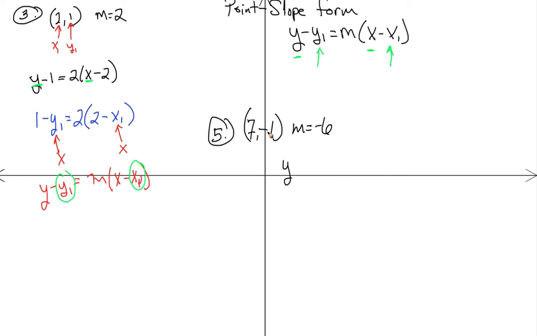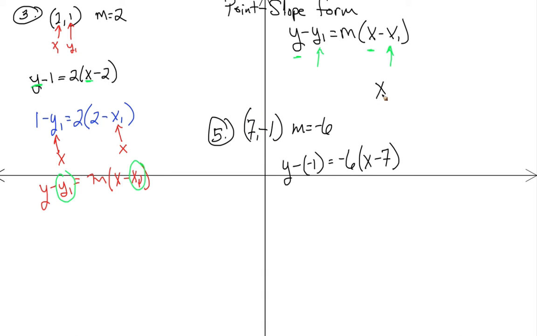My y1 is -1, so that's y minus a -1 equals, my slope is -6 times x minus, and what's my x1? My x1 is 7. So here's my x, and here's my x1 and y1.